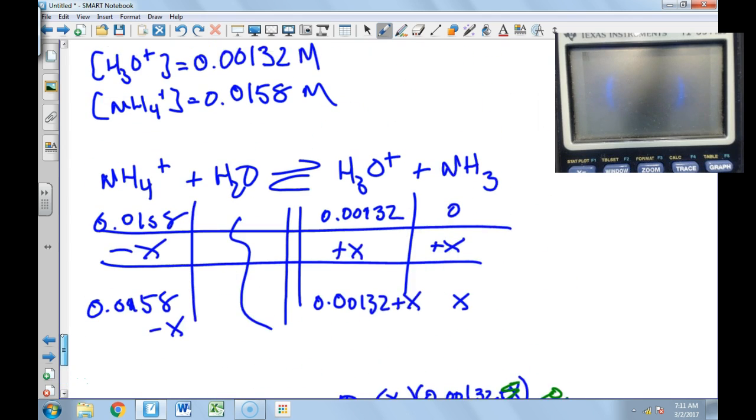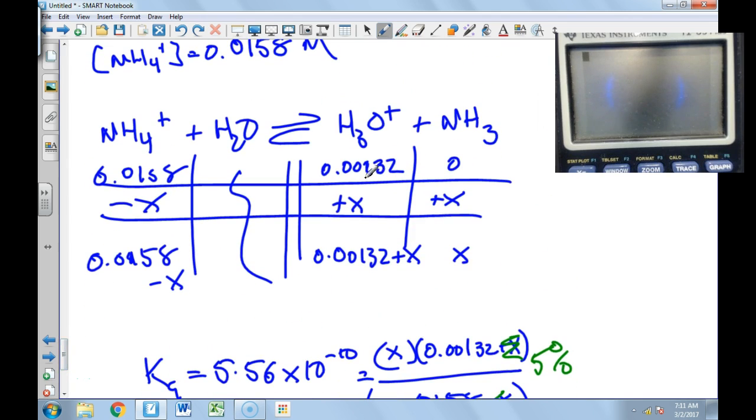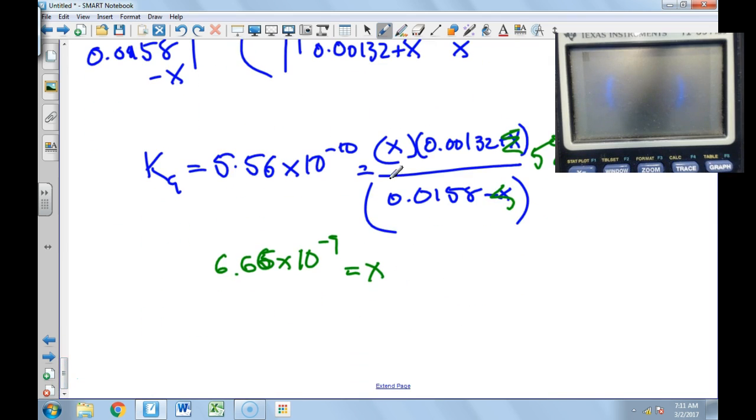Now this is where it's different again, is that we have to add that to this. Okay, so now it's 0.00132 plus 6.66 times 10 to the minus 9.